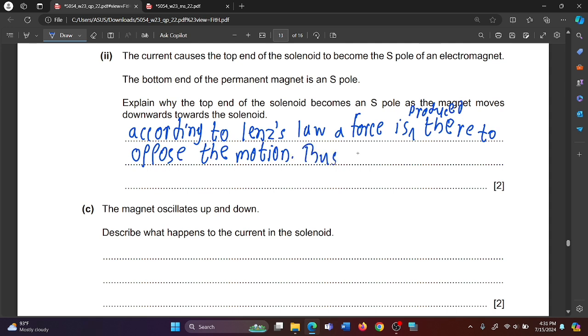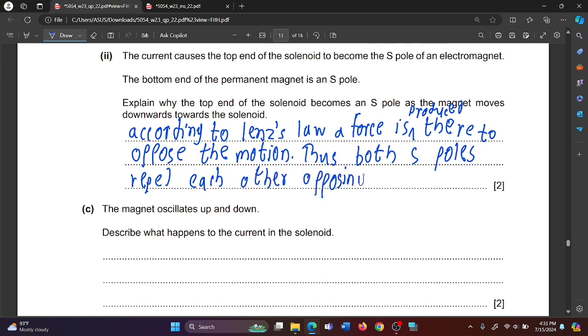Thus, both S poles repel each other. Repel, I wrote the wrong spelling. Each other, opposing the motion.